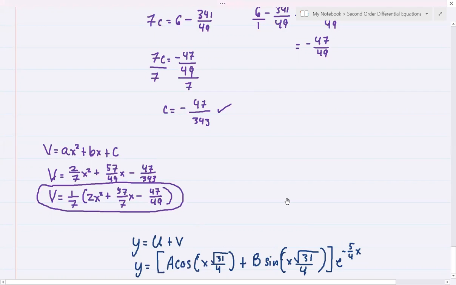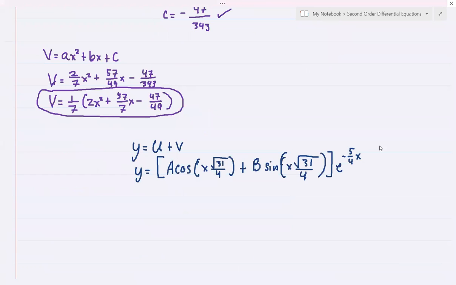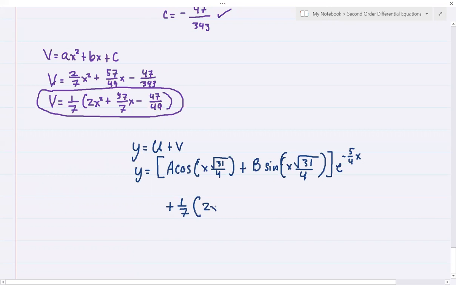All right, then plus your v, which is 1 all over 7 times the quantity 2x squared plus 57 all over 7 x minus 47 all over 49.